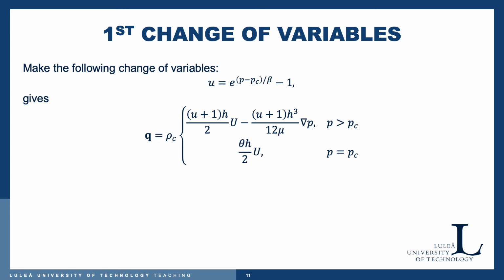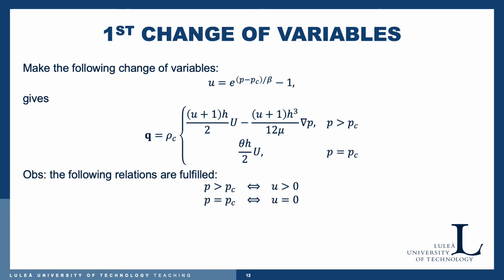So we subtracted 1 to have u more like a complementary variable in a complementarity problem. So we note also that the following relations are fulfilled. When we are in the full film region, the flow is fully saturated and u is larger than 0, and u is actually 0 when we are in the cavitated region.